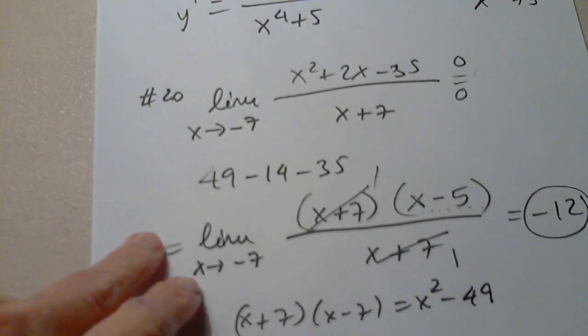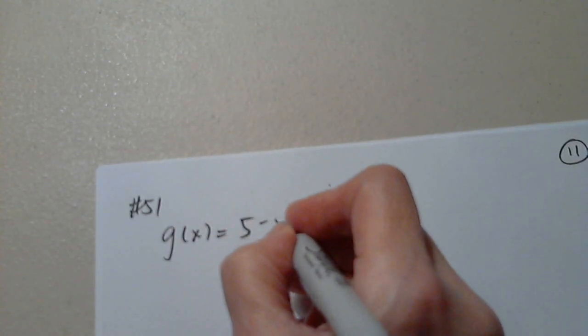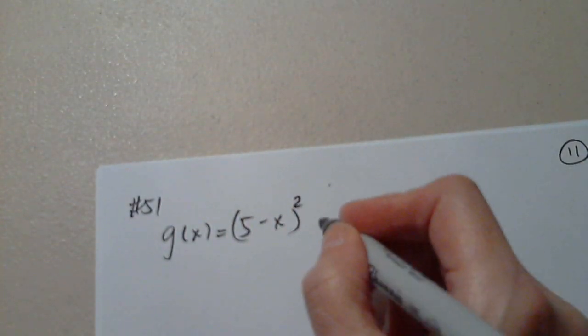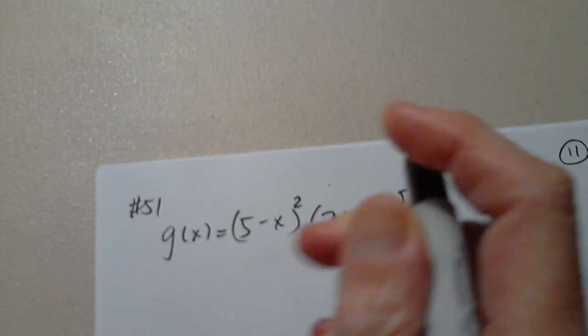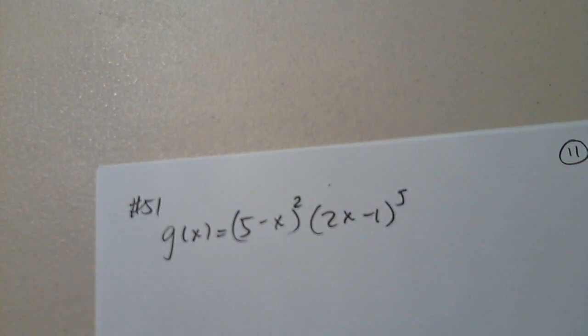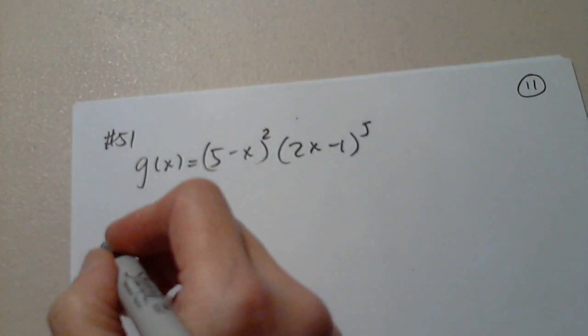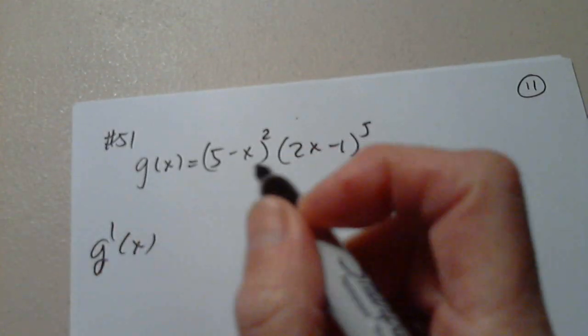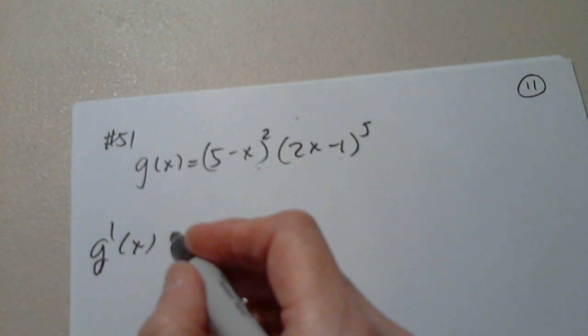Let's look at 51. In 51, we have g of x equals 5 minus x squared and 2x minus 1 to the 5th. Good. Okay. So g prime, I realize that there is a product rule here.